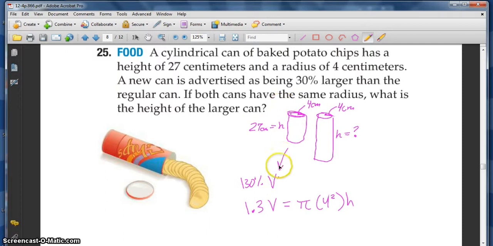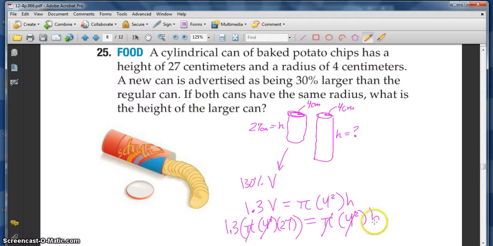So for our volume here, we can substitute in, so we want 130% of the volume. So that's pi times radius squared times our height, which is 27. Now, what we see here is that we have pi times 4 squared on both sides. Let's go ahead and divide both sides by pi and divide both sides by 4 squared.